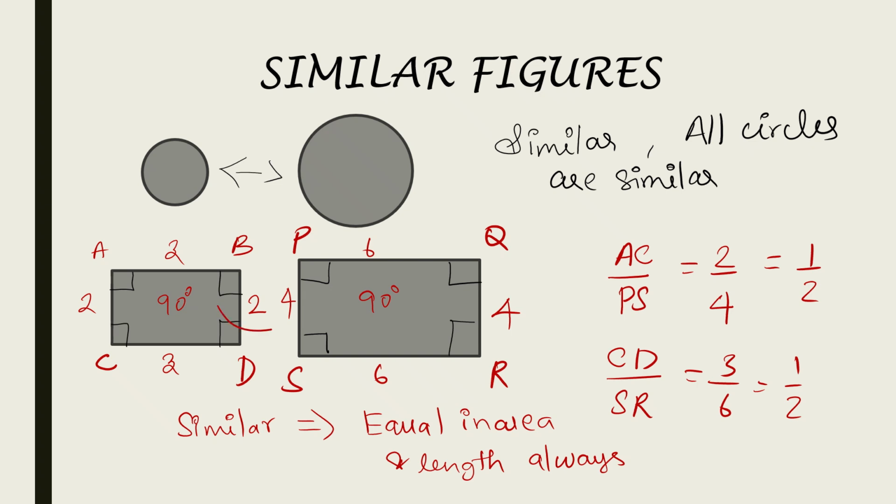Here both figures are not equal in area. They look similar. The angles are equal. They both are not equal in area or perimeter. But figures which are equal in area and perimeter, equal in area, length, sides, etc., both being exactly a copy of the other, are called congruent figures.